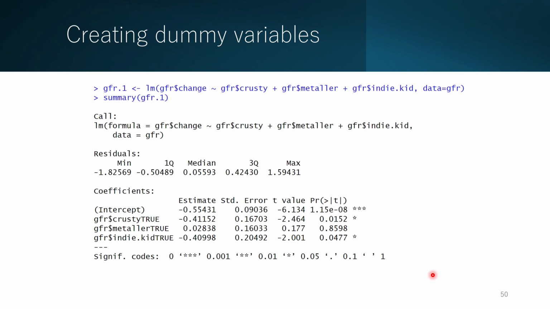This is how we include qualitative information like group or type in a linear regression model. For example, we cannot change metal to a continuous variable, so we use a dummy variable.